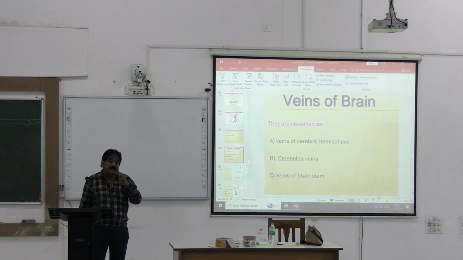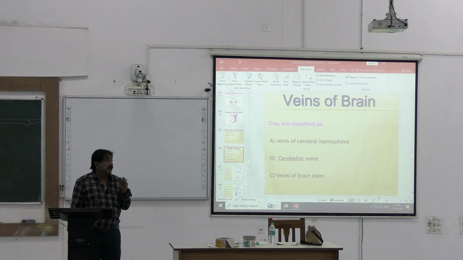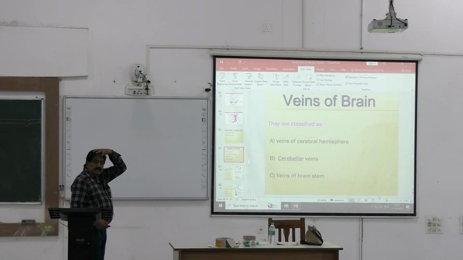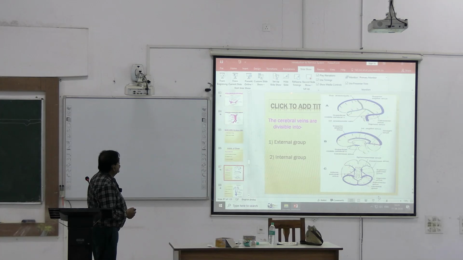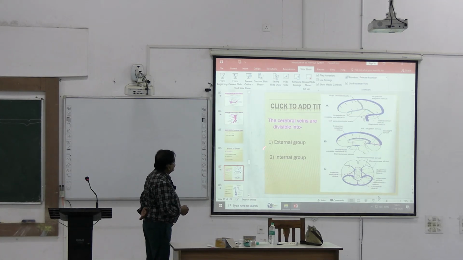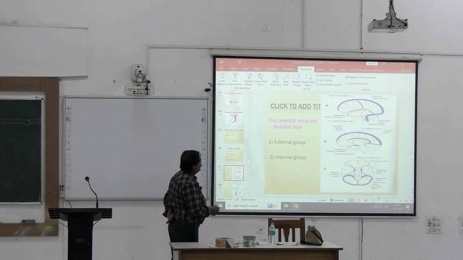So I told you each component of the brain has its own veins: veins of the cerebral hemisphere, cerebellar veins, and veins of the brain stem. The cerebral veins are divisible into external group and internal group. See the picture.